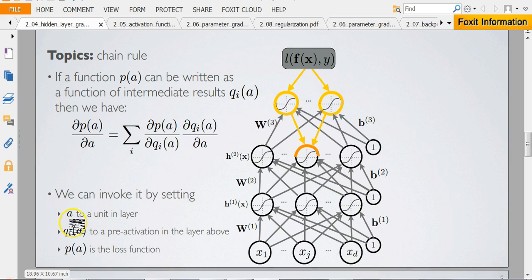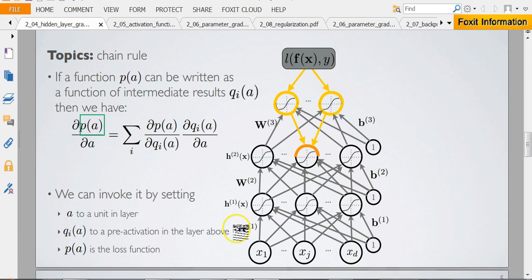So we have that p, and we're asking for the derivative of p with respect to a, but we do that by taking the derivative of p with respect to the intermediary variable q sub i of a, and then the derivative of that with respect to a. So this is the Wikipedia page formula.